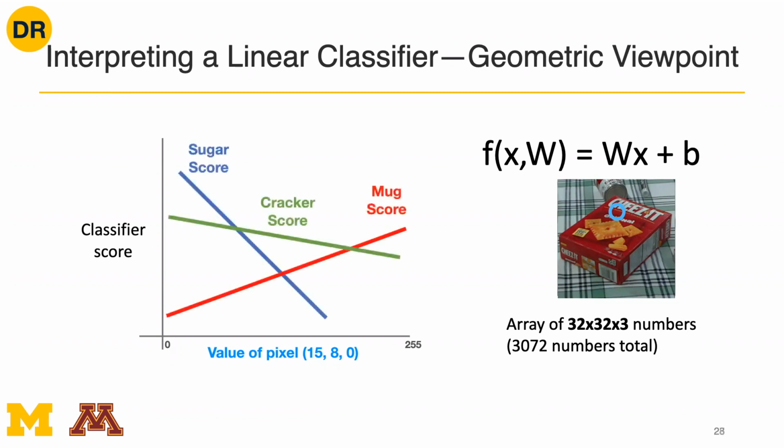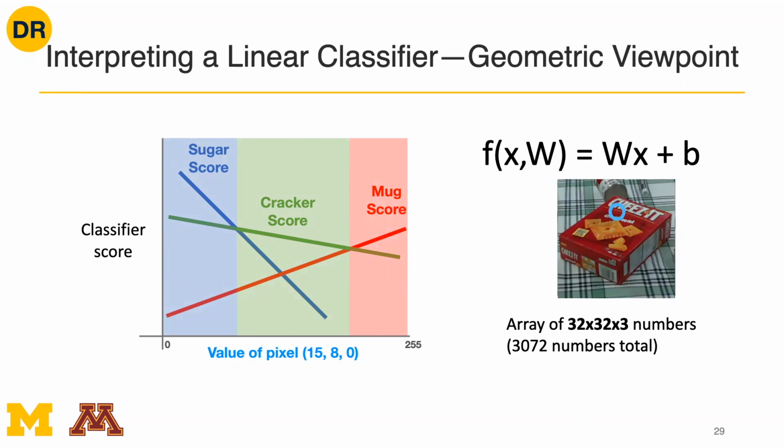You would figure out which class it is by applying the classifier for each of the labels that you have. So you will get a score for each of the labels in your data set. The way to look at it is that, depending on the value of your pixel, it gets a score for each of the labels, and by comparing the scores you can say which label that particular pixel is saying the object is.